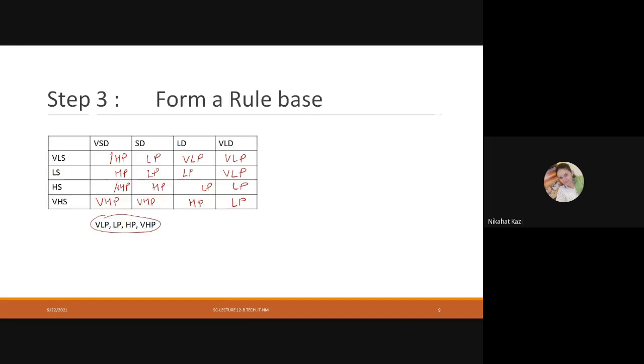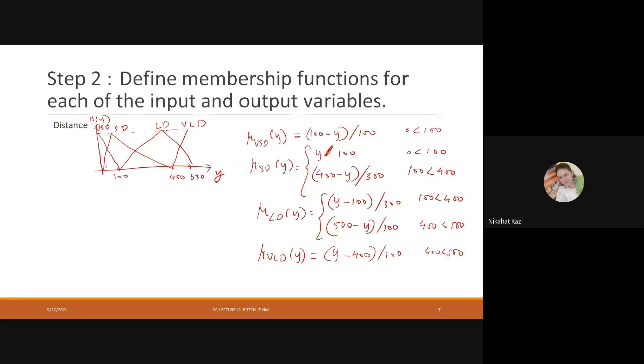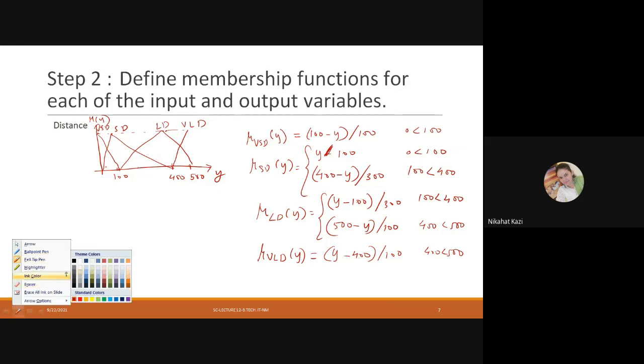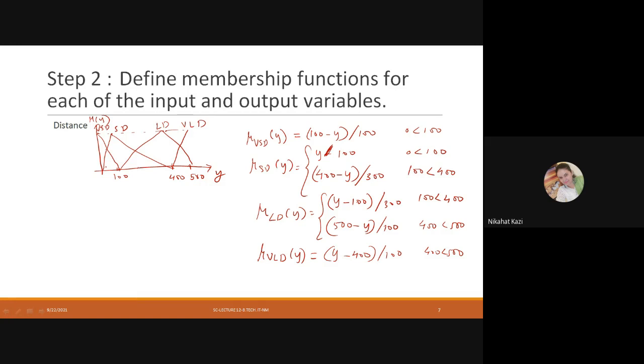Let us go back to the membership functions. Distance 110, that is this region. It has two functions, one is short distance and one is long distance. You have to use these functions and find the membership.